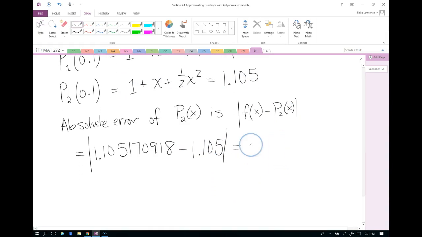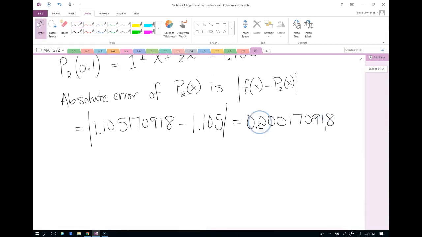Which means when we subtract, and you always want a positive number for your absolute error, that's why you have the absolute values, we get 0.000170918. It is very common for this number to be written in scientific notation because it's usually going to be very small.